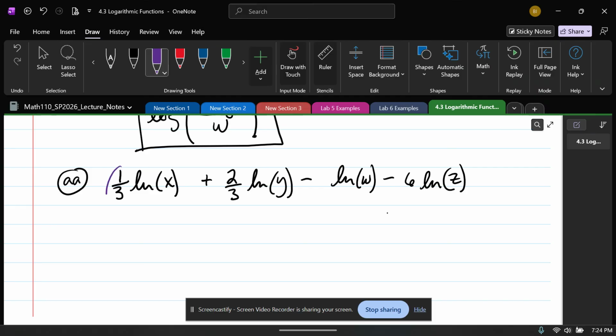My thinking is power rules. Undo those first before I start squishing it all together.